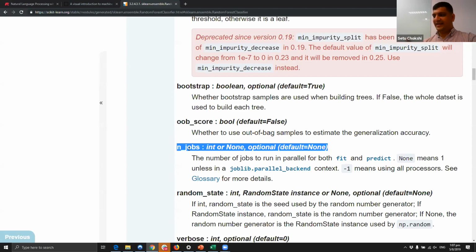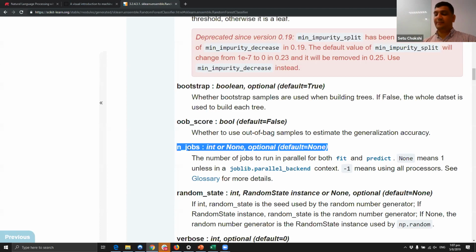Yep, so RTM Sandeep got it right. Think about it: when you did a sample, you did your sample by replacement. So once I've built a sample, I can pass it off to a processor and let it build that tree. There is nothing in that sample that gets used by the subsequent trees. So I can keep sampling 100 data points, and if you have 10 cores, I can train all my trees independently.